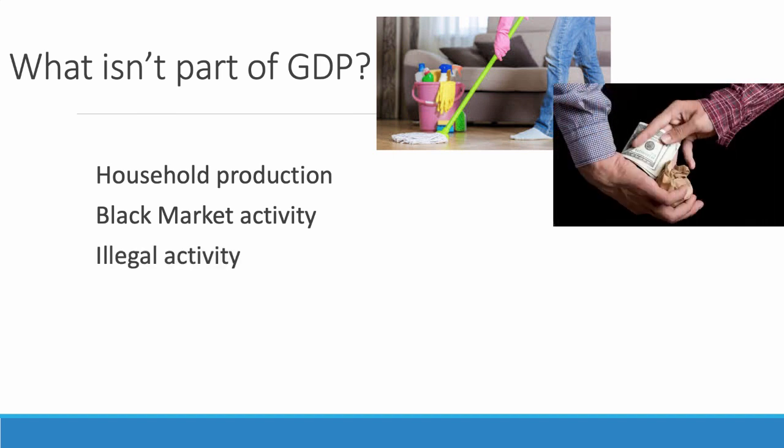Now, we could also be talking about straight up illegal activity. So it might be producing meth in your basement, or contract killings, or any kind of illegal activity, things that you're not supposed to be engaged in because you're breaking the law. That's not counted as GDP either. Of course, if somebody were to knock on your door and you've got a meth lab going, and they ask you, "Are you doing anything productive in here?